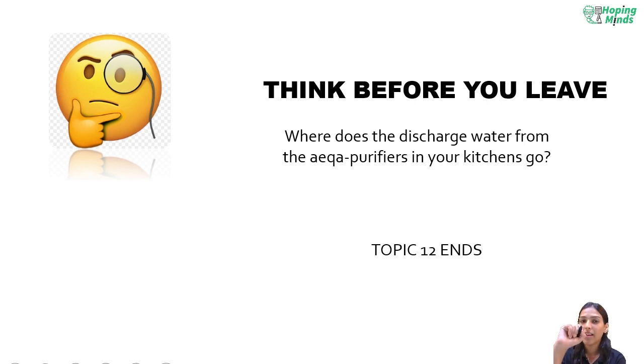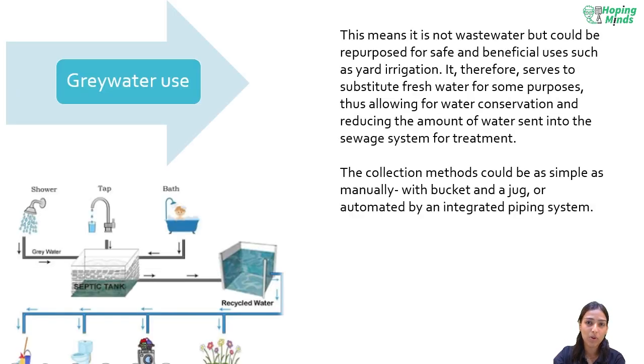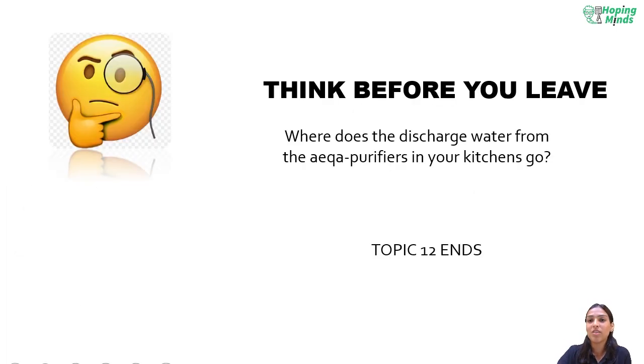Check that and see if you can make a small grey water use of that water being wasted as well. It's just some extra minerals that your body doesn't require. But that bucket that gets filled, one big 5 liter amount of water, can be used for any of these purposes. So your takeaway from this topic should be to make a small grey water use of the aqua purifier water in your kitchen. With this, I end this topic.